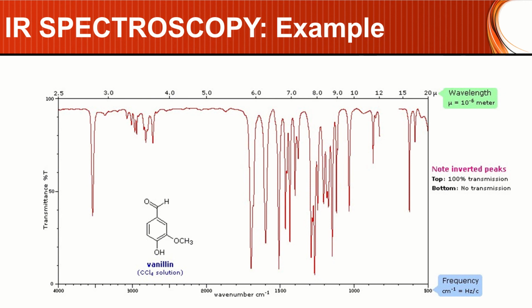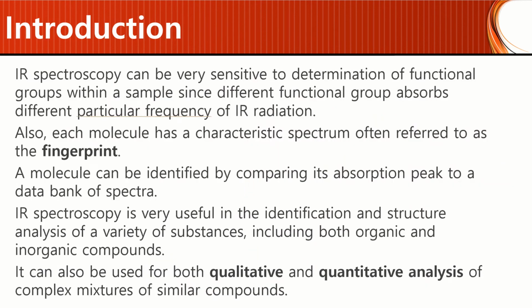So in the future, if you have a sample and you're not certain what it is, you can just run an IR of it. And if it looks exactly the same as what is published, what is recorded, then we can basically use it as one method to clarify that.